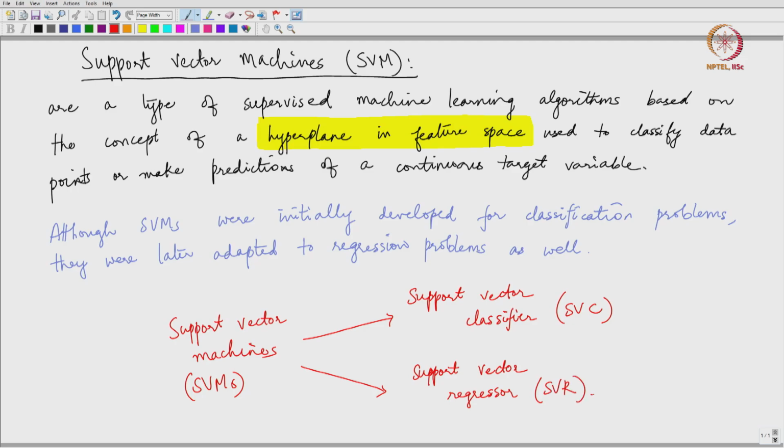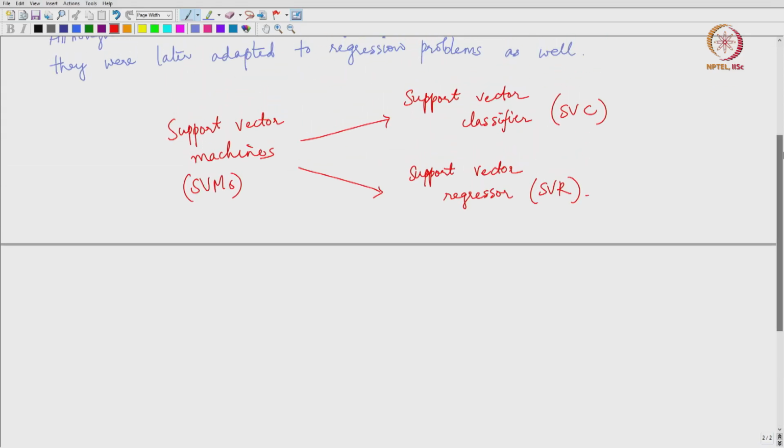This is true for most of the machine learning models that we have discussed. They always have a regression and a classification counterpart. Even for linear regression, there is logistic regression which is used to do classification problems. Similarly, decision trees can be used for both classification and regression problems, and the same holds true for a support vector machine as well. So, there are two types, a support vector classifier and a support vector regressor. Let us go ahead and understand how these work and what are the applications in which you would find them to be useful.